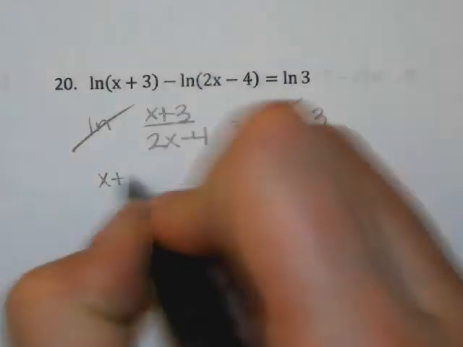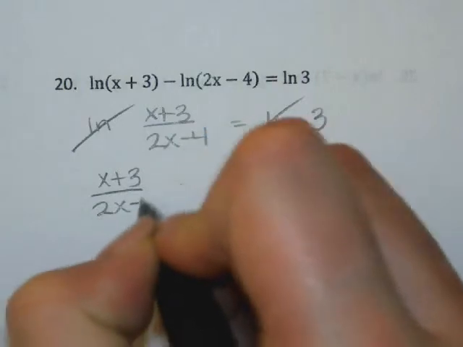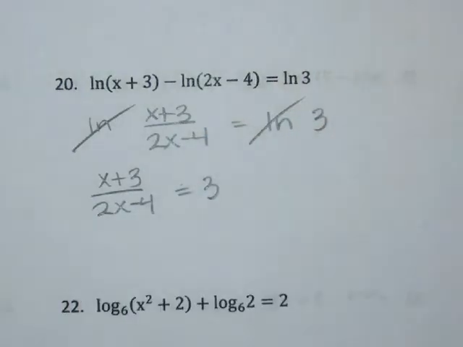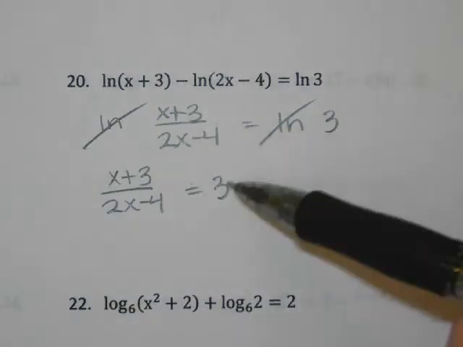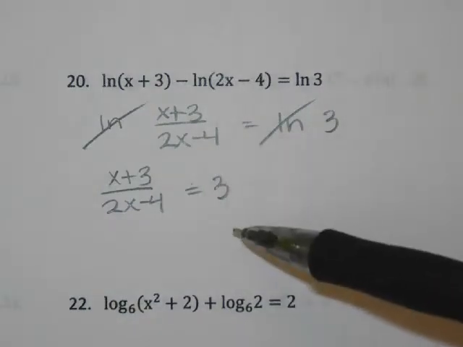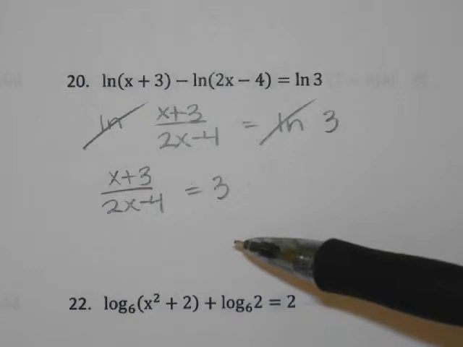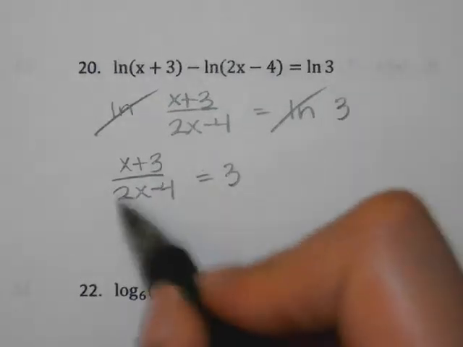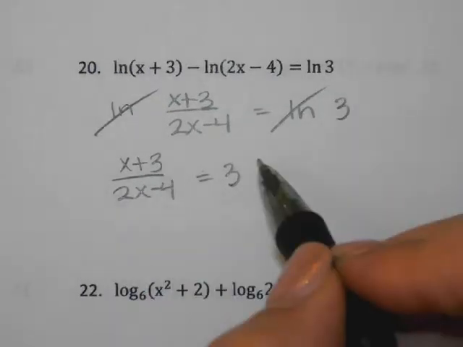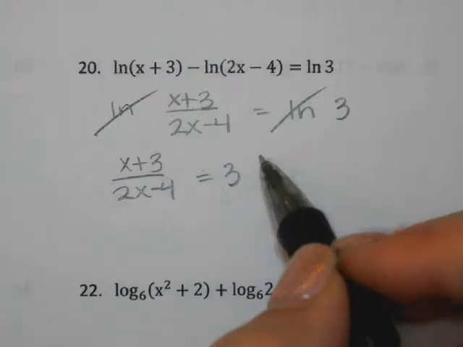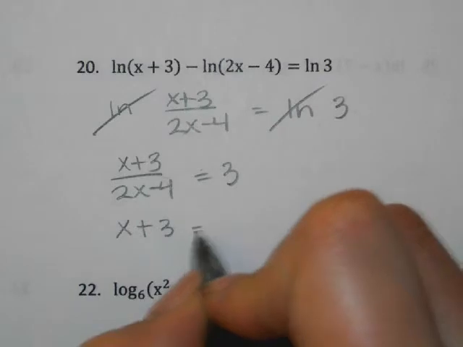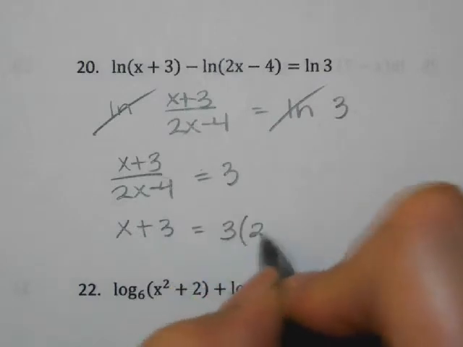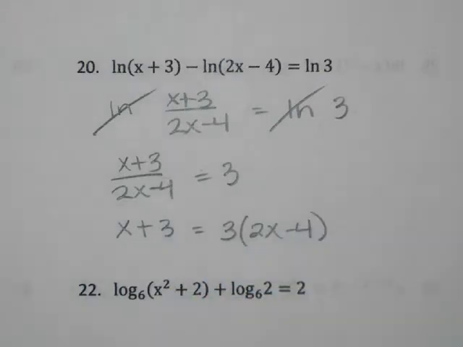So (x plus 3) over (2x minus 4) equals 3. So this is one of those problems where if you want, you can put it over a 1 so you can cross multiply, if that feels comfortable. Or you can take this chunk that's on the bottom and multiply it to the other side. Okay? So what we would have next is x plus 3 equals 3 times (2x minus 4).